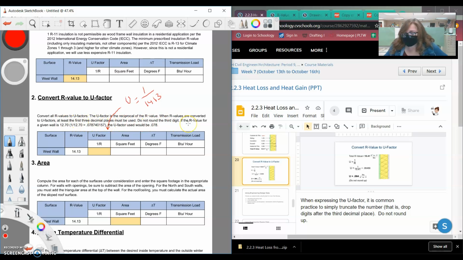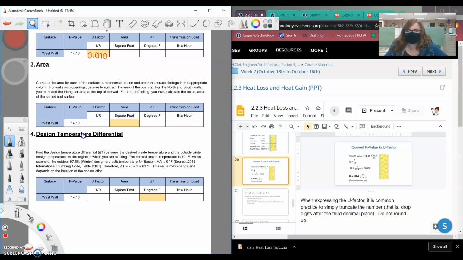Do not round the third digit. So that gives me 0.070. The first 3 numbers. So I put that in here. 0.070. Cool.